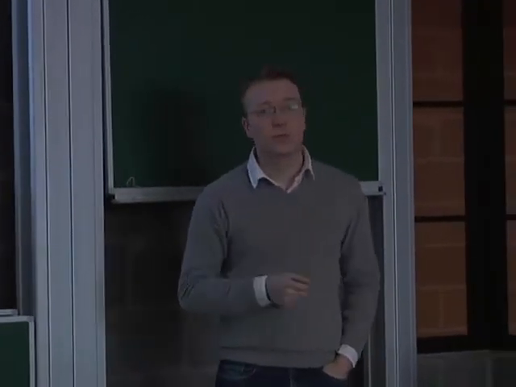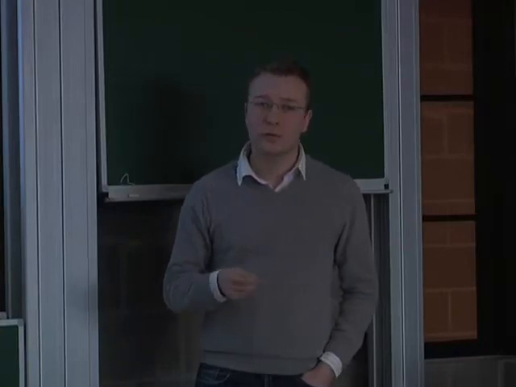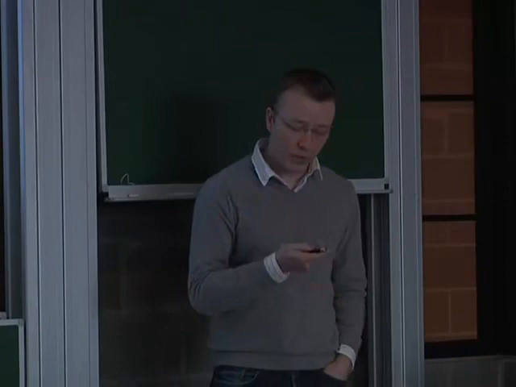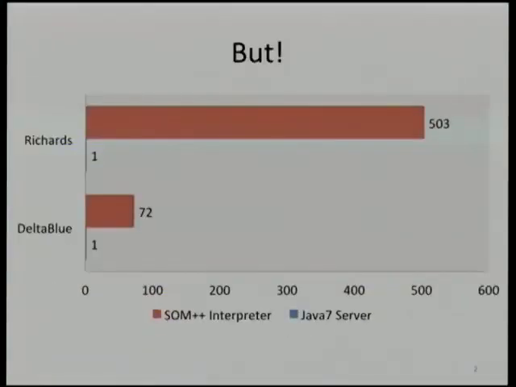And then we have a couple of interpreters implementing that. Actually, we have all kinds of different implementations in all kinds of different programming languages by now. But as I said, one of the main drawbacks is the whole thing is pretty damn slow. But it's easy to teach, as you can see here, on two pretty common object-oriented benchmarks originating from the Smalltalk world.